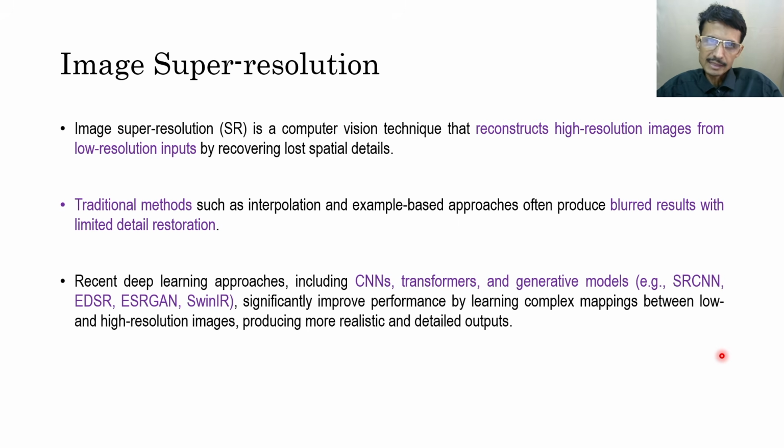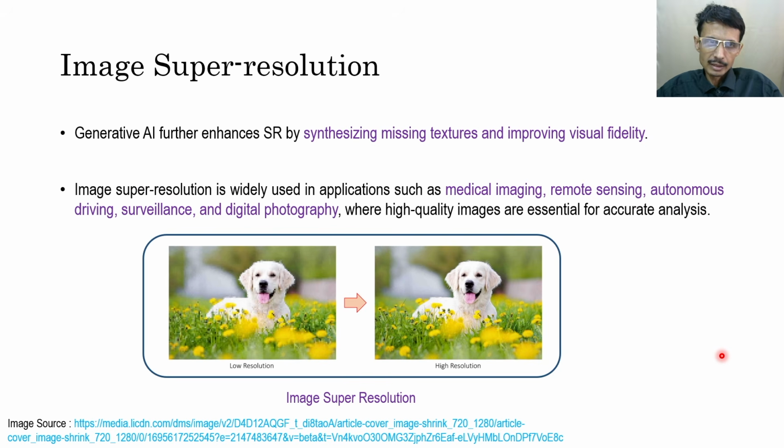We'll see some examples later. Now let us try to understand how generative AI enhances this super resolution process. Generative AI further enhances super resolution by synthesizing missing texture and improving visual fidelity.